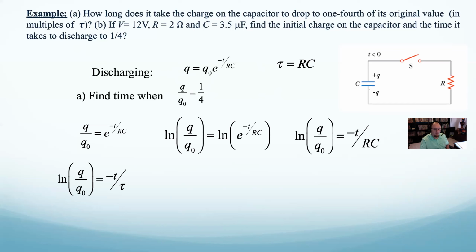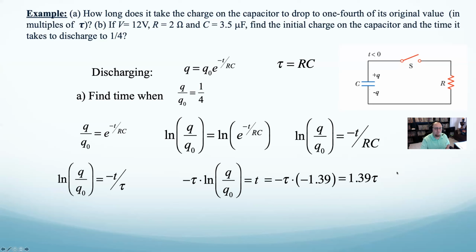I'll then multiply both sides by negative tau, and I can try to solve. Now, I kind of skipped something here, but I need the natural log of 1/4. The natural log of 1/4 is negative 1.39. I didn't show that, but it's just the natural log of 1/4 is negative 1.39. So that means t is 1.39 tau.